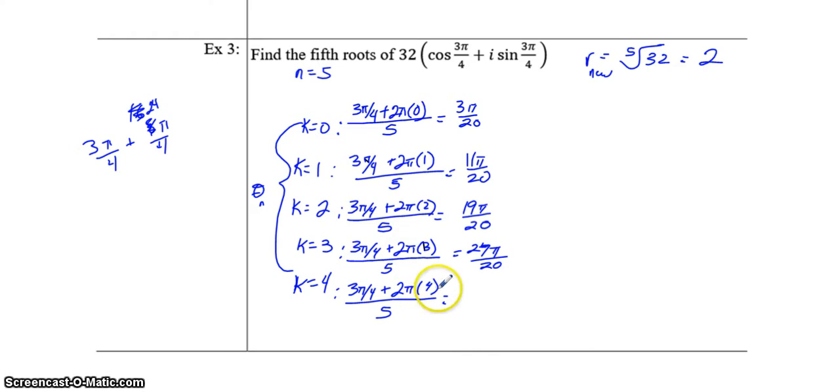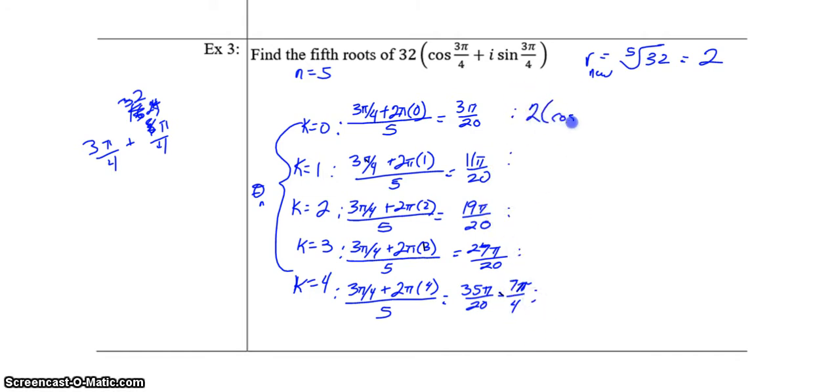So 8 is 32 over 4. 32 plus 3 over 4 times 5. Wait, I could reduce that, to take out a 5. 7 pi over 4. And so now we have 5 different numbers to write.